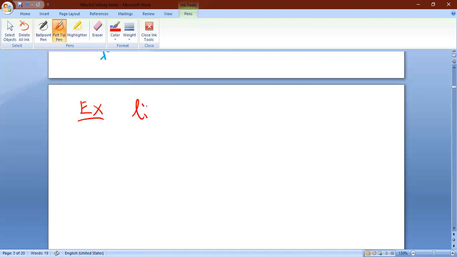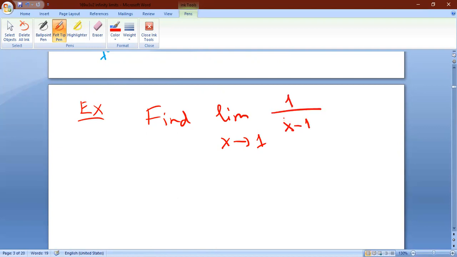Let's say find the limit as x goes to 1 of the function 1 over x minus, well, let's say 2, not too many ones around. So let's say x goes to 2, 1 over x minus 2 squared.